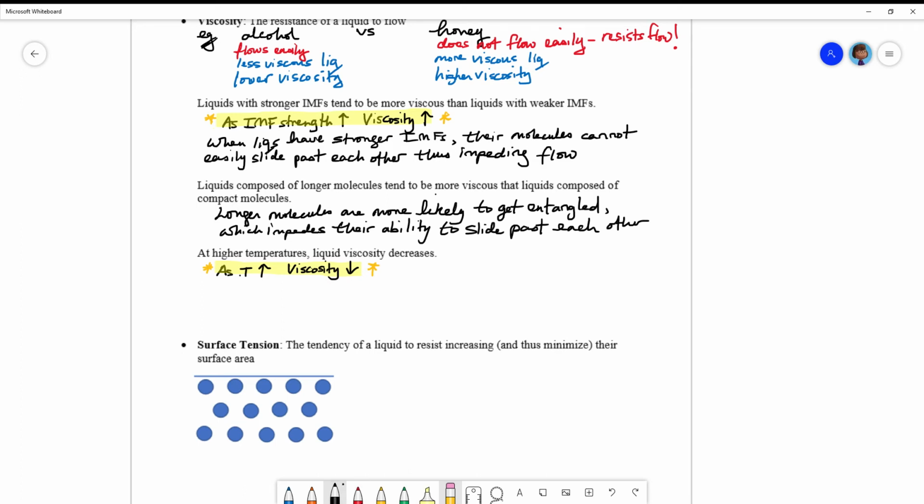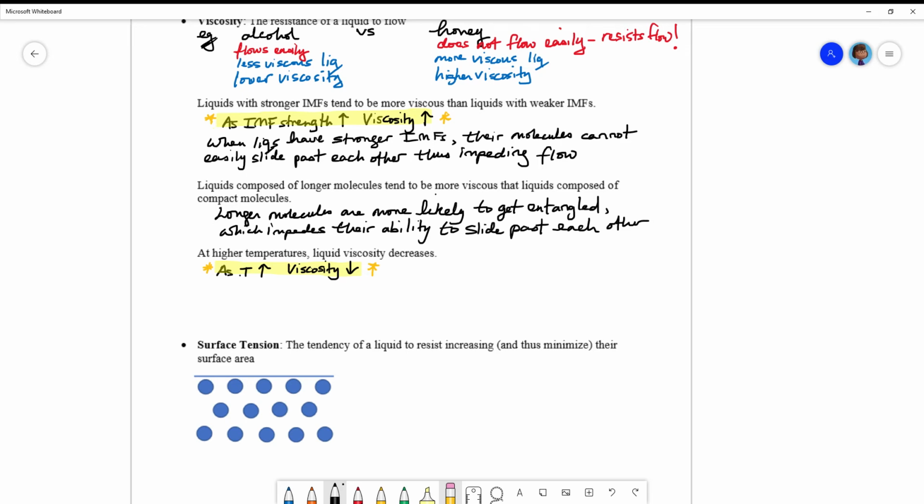At higher temperatures, the liquid molecules are going to have higher kinetic energy. And if they have higher kinetic energy, all right, that higher kinetic energy can be partially overcoming the intermolecular forces. And so if we can overcome those intermolecular forces, well, what's going to happen is, yes, it's going to be easier for the particles, the molecules, to glide past one another.